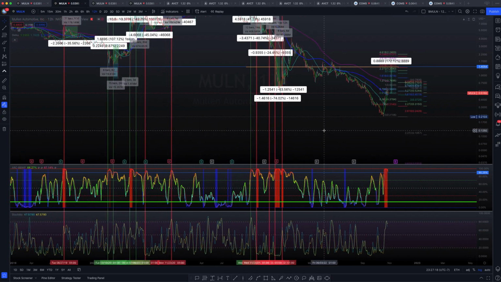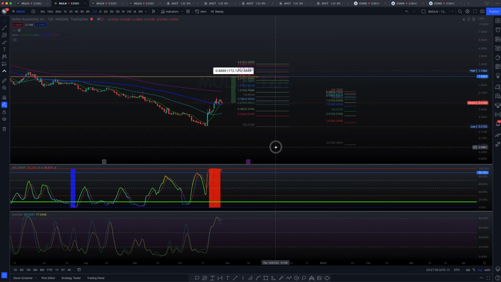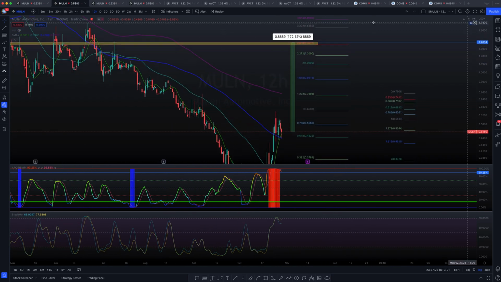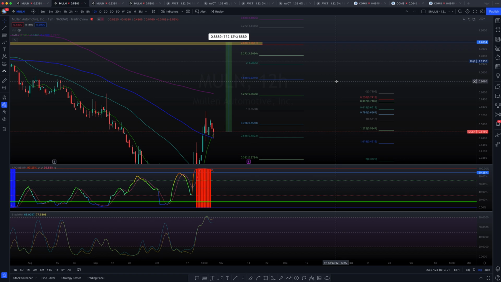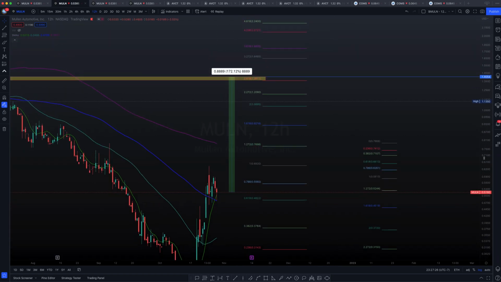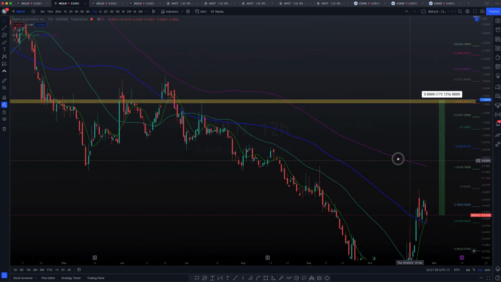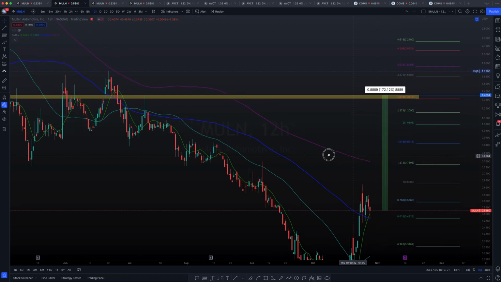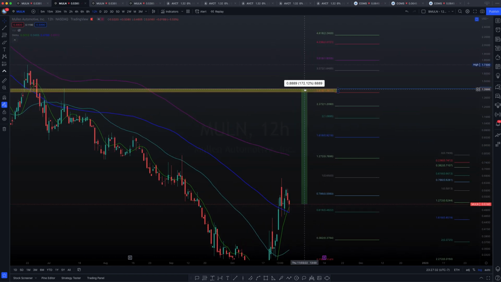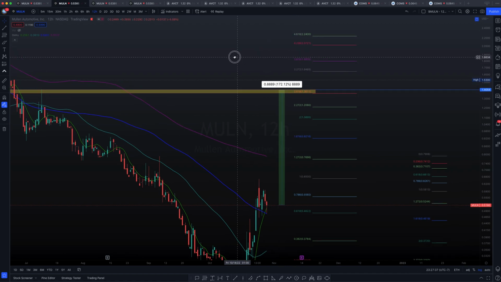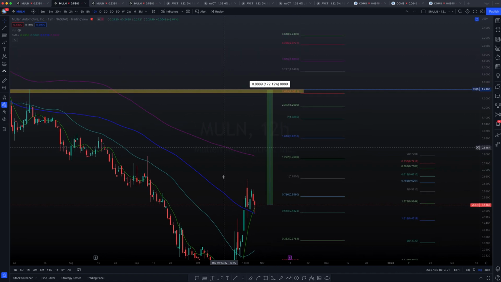So now that you know exactly what I'm doing, let me go ahead and show you what happens when we do apply these metrics to it. So this is going to be the upside thrust into the statistical measure of 172.12%. It takes us to a very desired area. So it takes us to the 2.618.